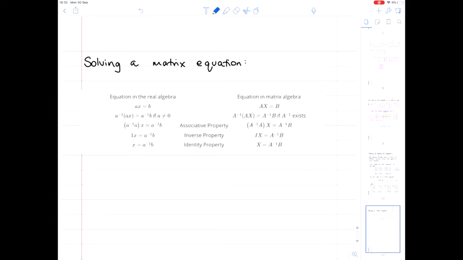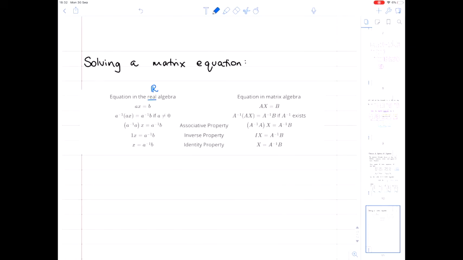So just to clarify the rules about matrix equations and how they relate to working with real algebra, here we're thinking about reals as in real numbers.